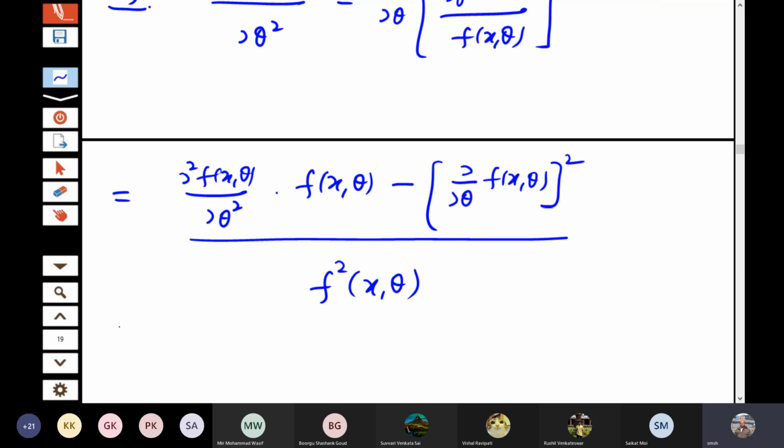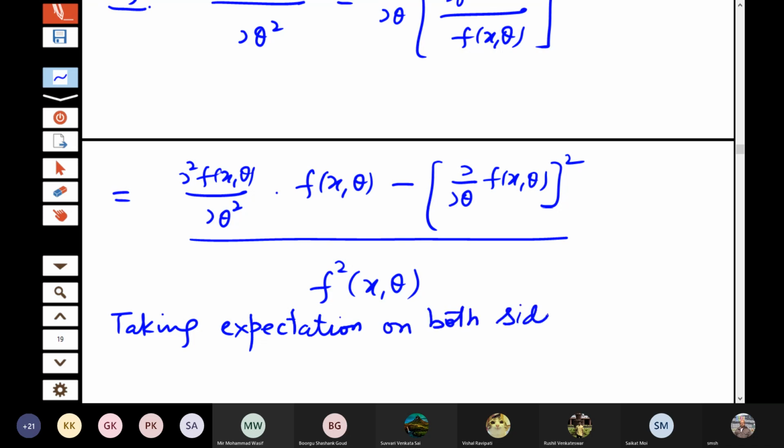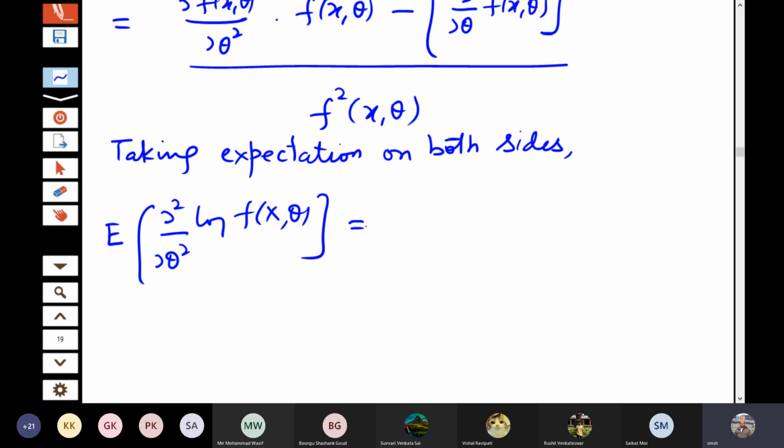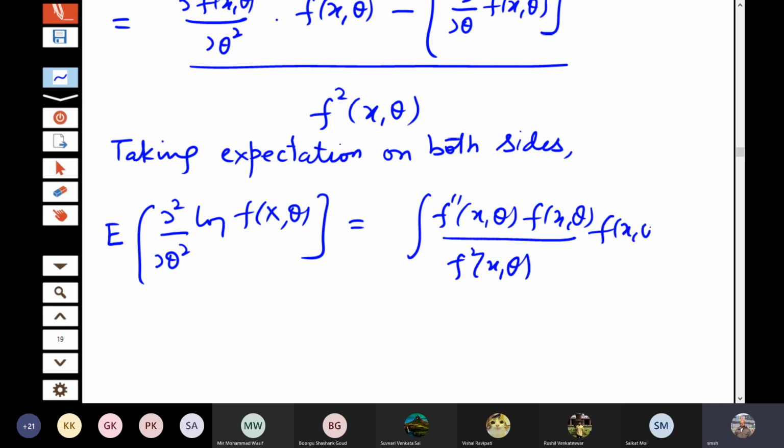So if I take expectation on both the sides, expectation of ∂²/∂θ² log f(x;θ) becomes equal to: the first term will give me the integral of f''(x;θ) into f(x;θ) divided by f²(x;θ) into f(x;θ) dx.